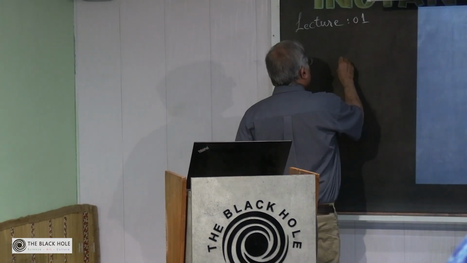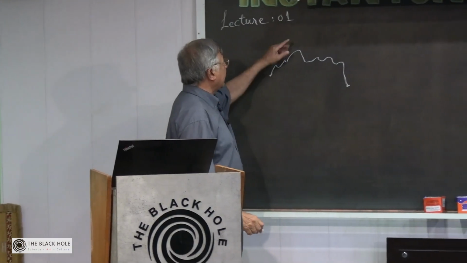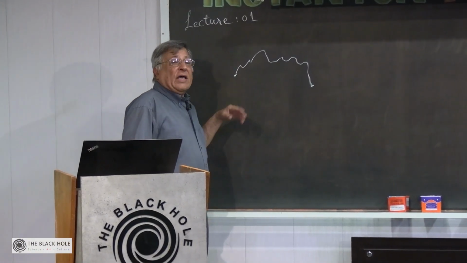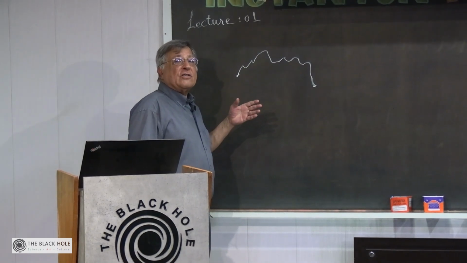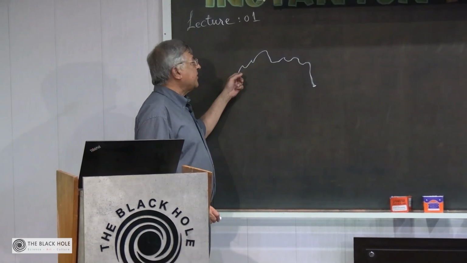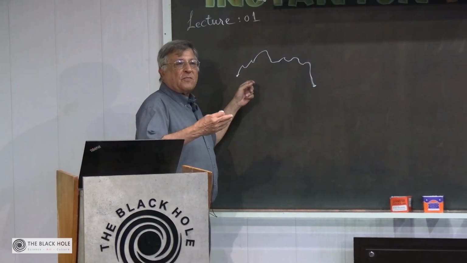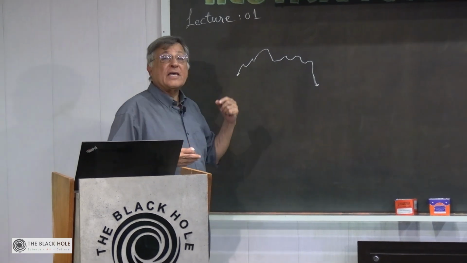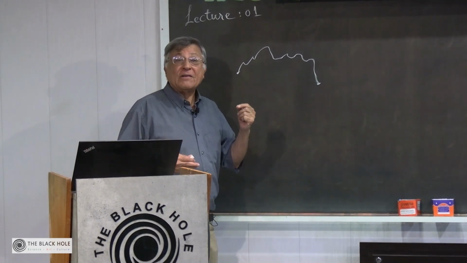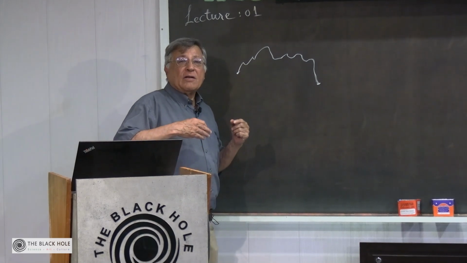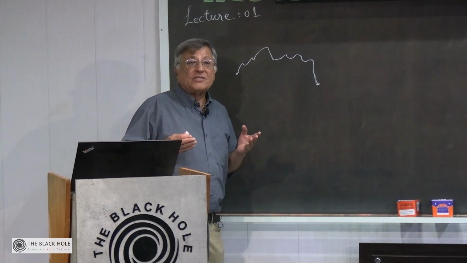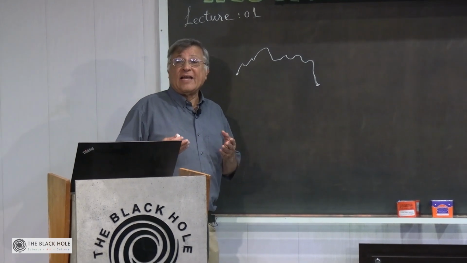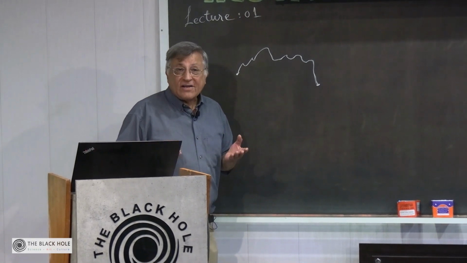A jagged coastline, there's a sea over here, this is land, and you're walking along. If you are a sufficiently small creature, you will see lots of obstructions and you will move back and forth and back and forth. If you are a point particle, then you can move on a path which is non-differentiable. In fact, it can be fractal.